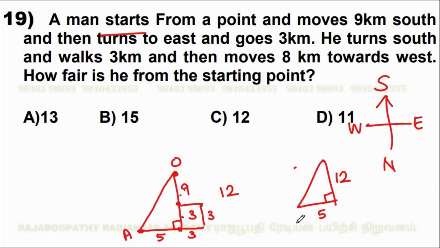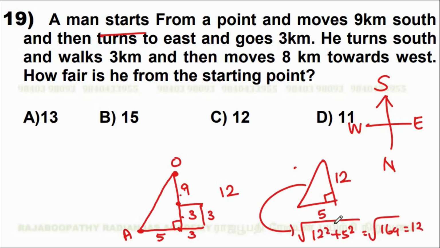Apply Pythagoras theorem. The answer is square root of 12 square plus 5 square, square root of 144 plus 25, so 169. Therefore the answer is 13.